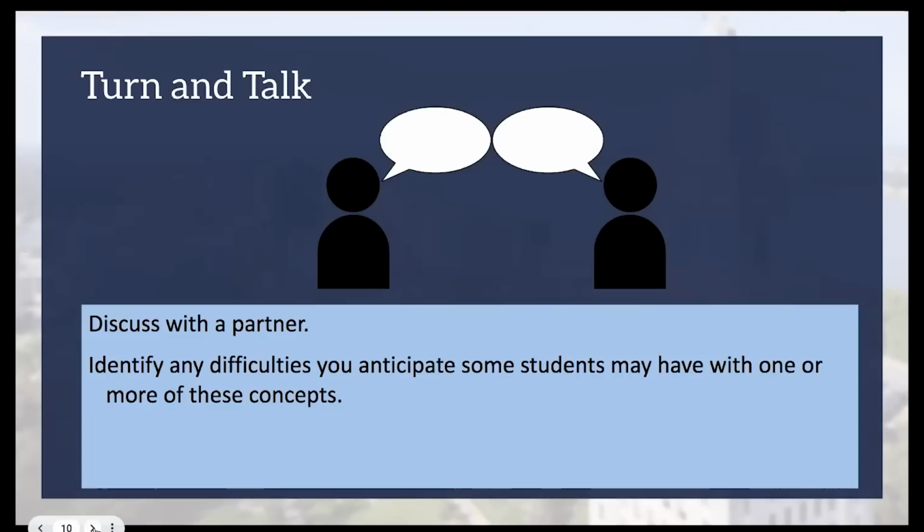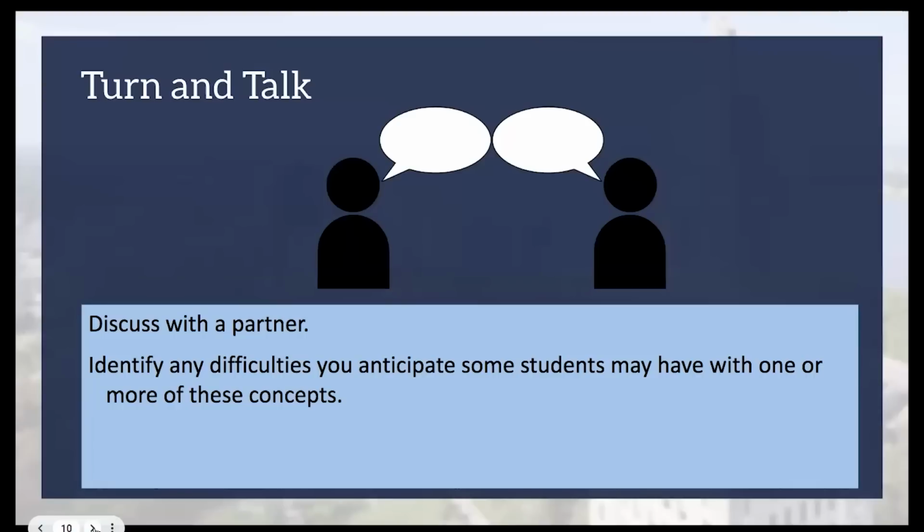So if you are viewing this with a team right now, this is where I would suggest that you pause this recording and set a timer for about 7 minutes. Discuss with your partner, then discuss with the group any difficulties you anticipate some students may have with one or more of these concepts.